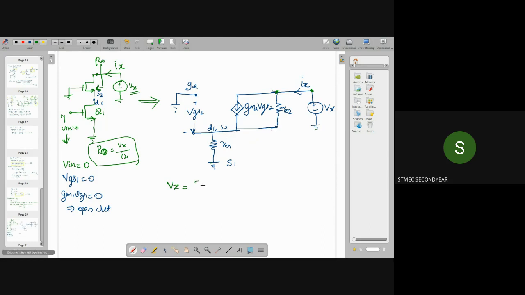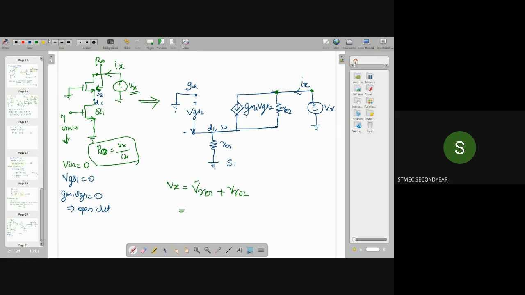So Vx will be equal to the voltage drop across R01 plus the voltage drop across R02. Now, what is this V R01? For that, you have to consider the current value.